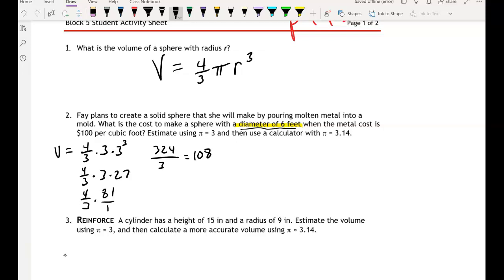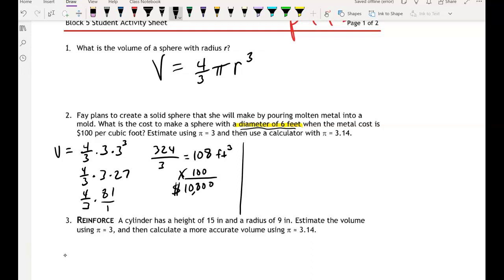So it's going to be 108 cubic feet. Then, if we multiply that times 100, it's going to be approximately $10,800. Hoo-wee! Holy moly. All right.